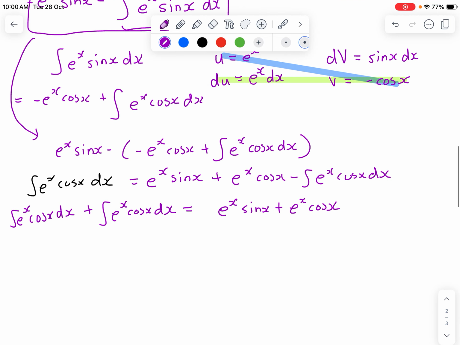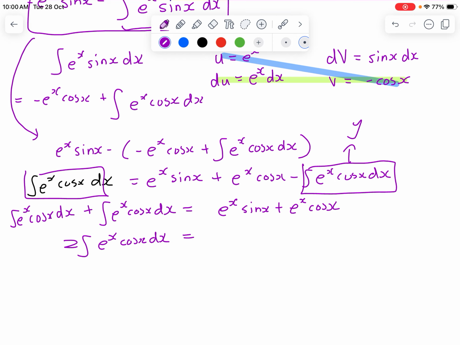So notice we can add up like terms, which is just 2 times e to the x cosine x. So really you can pretend it's like trying to solve a function. Like let's say you set this as y or something, and then you just solve for it. This is something similar to what we're doing.